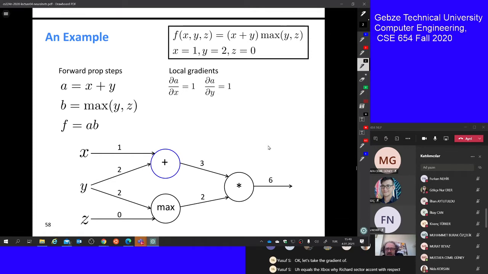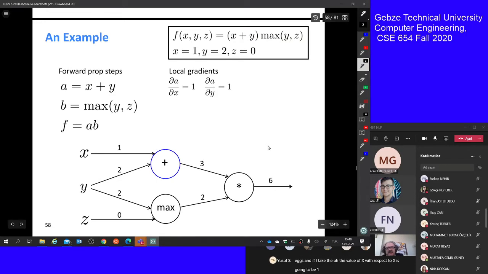The derivative of a with respect to x: y goes away and I have x, and the derivative of x with respect to x is 1. Similarly, the derivative of a with respect to y is 1. Those are the local gradients of this node.